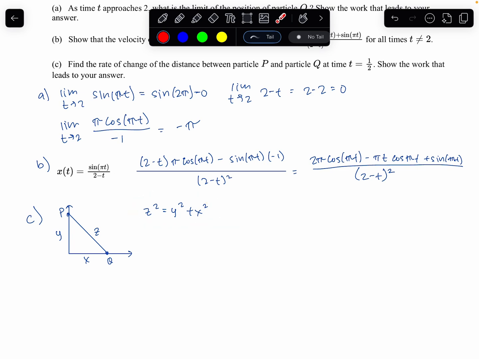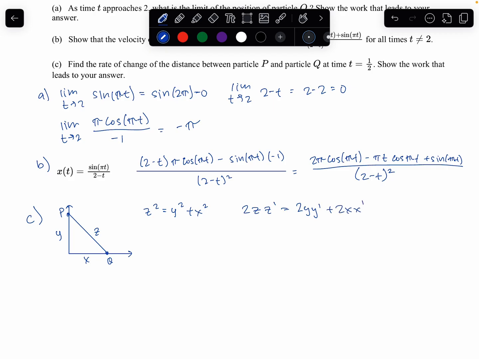So find the rate of change of the distance between particles. Yeah, we're trying to find that at t equals 1/2. Okay, so that's going to be 2z z prime equal to 2y y prime plus 2x x prime.